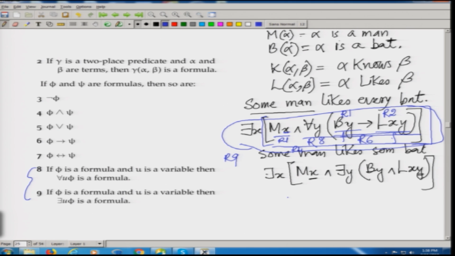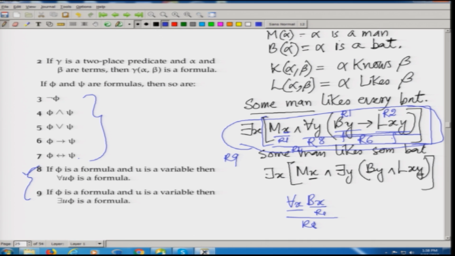For example, for all x Bx, that is, everything is a bat, I first use rule 1, then I use rule 8 on my construction for making this. So you can either skip this entire section or you can use things in this.